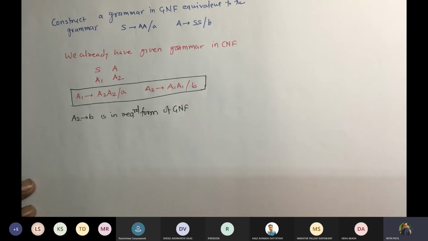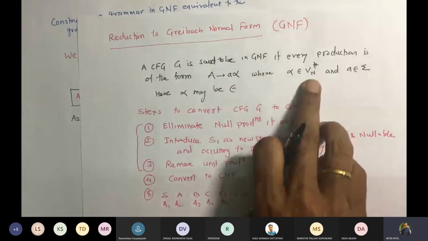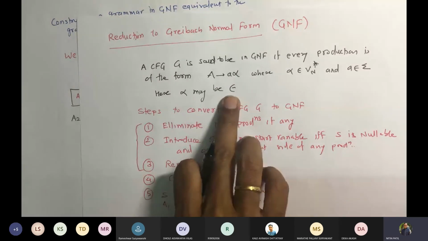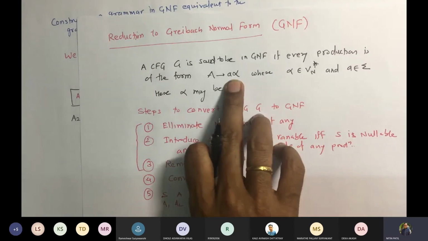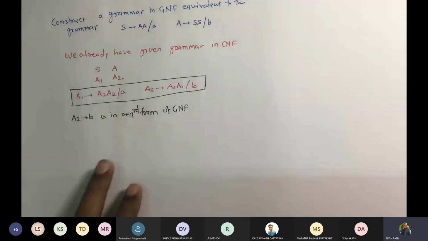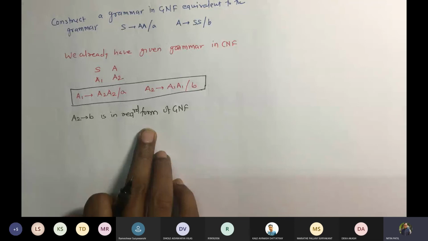As per definition, what definition we said? We said a variable gives a alpha, where alpha can be B to the n star. And alpha may be epsilon, then there would be only one terminal, correct? So as per that definition, we have A2 gives B in the required form.